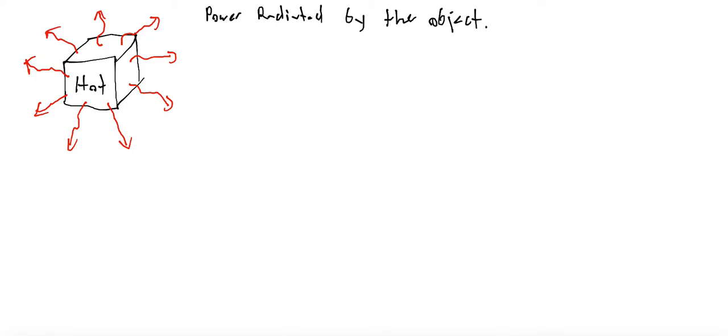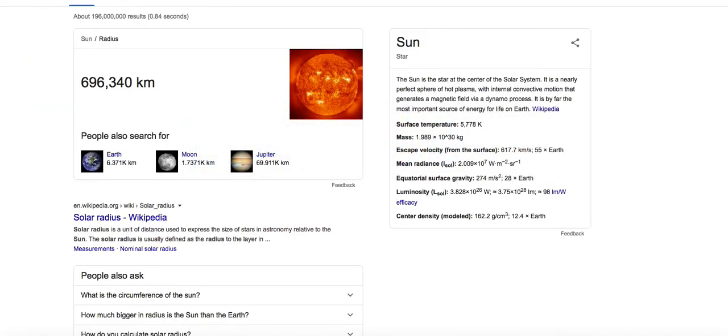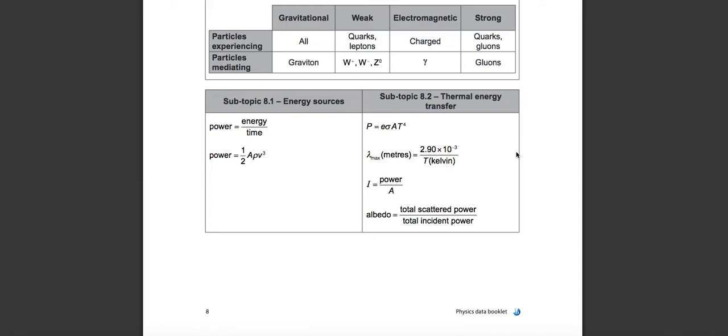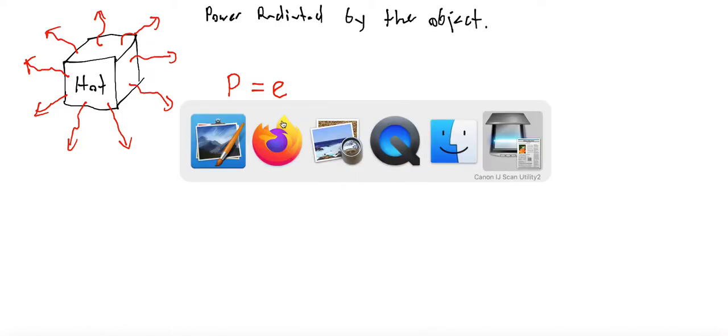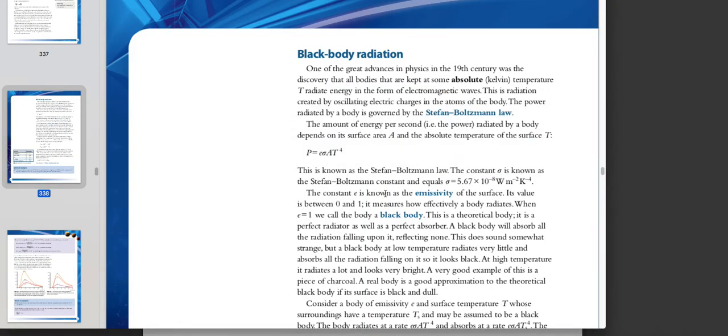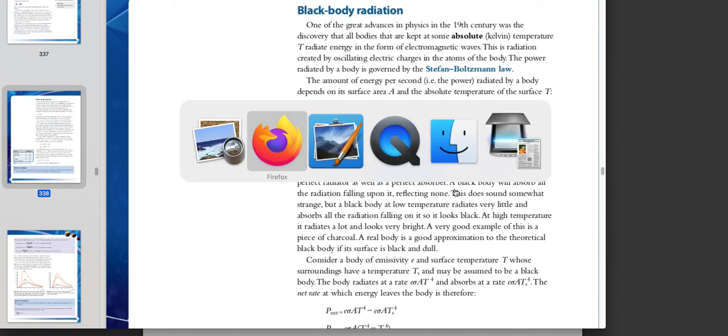Okay, in your physics data booklet, you have the equation for power emitted by the object at a given temperature. So the amount of radiation radiated by the object depends on 4 parameters. It depends on a parameter called emissivity, here.